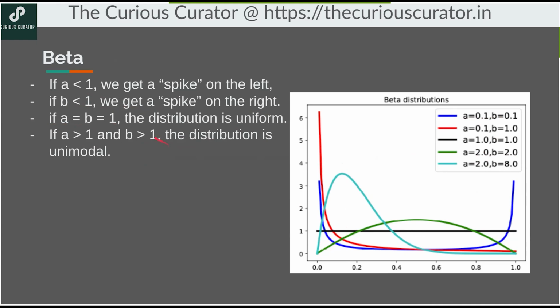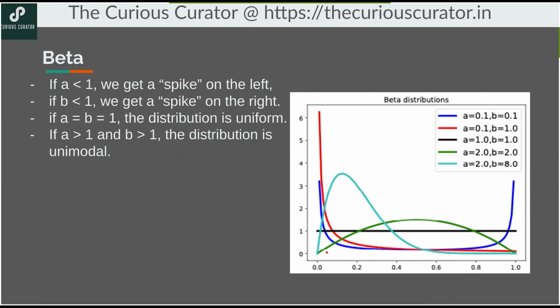One more thing about beta distribution you want to know is this extreme case of A and B less than 1. When is that helpful? Let's say you want to model a probability which is sparse. By sparse, I mean that either it's very close to 1 or it's very close to 0. Right?